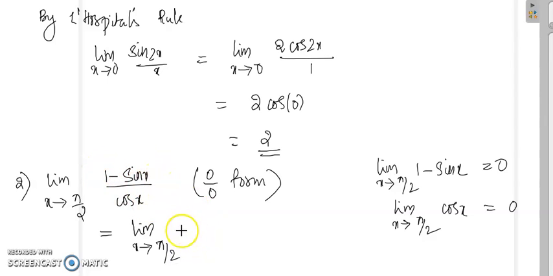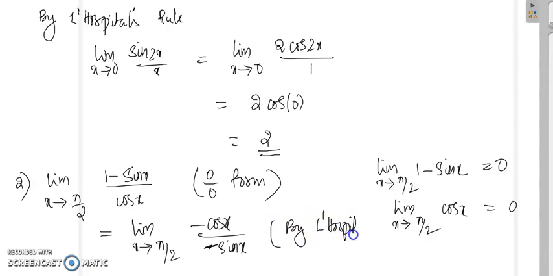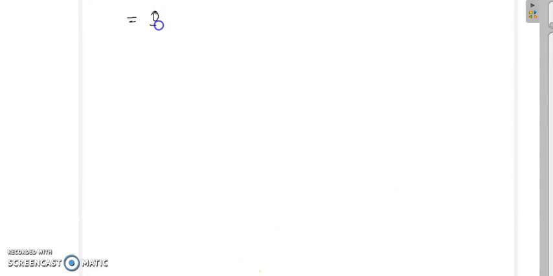Take the derivative of the numerator, that will be minus cos x by minus sin x, by L'Hospital's rule. As you take the limit, cos pi by 2 will be 0, sin pi by 2 will be 1. So it will be equal to 0 by 1, so it's equal to 0.